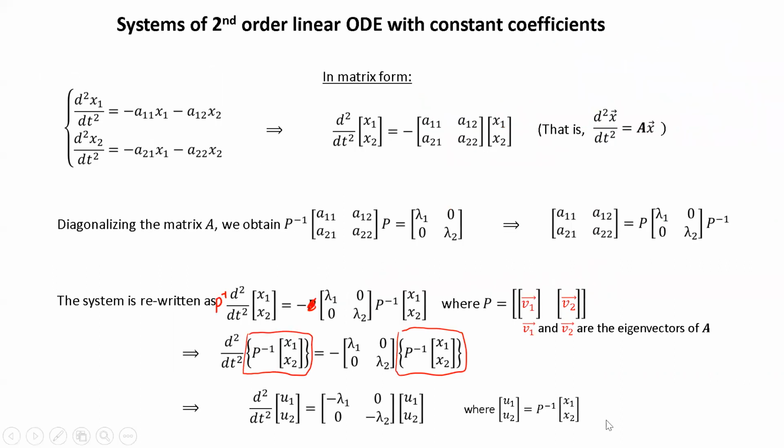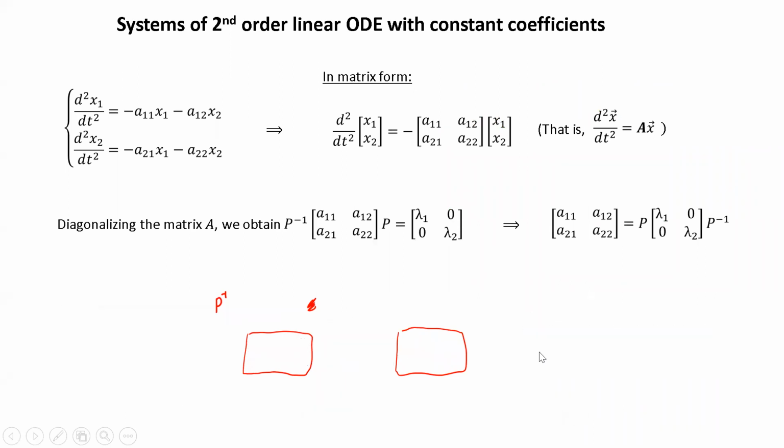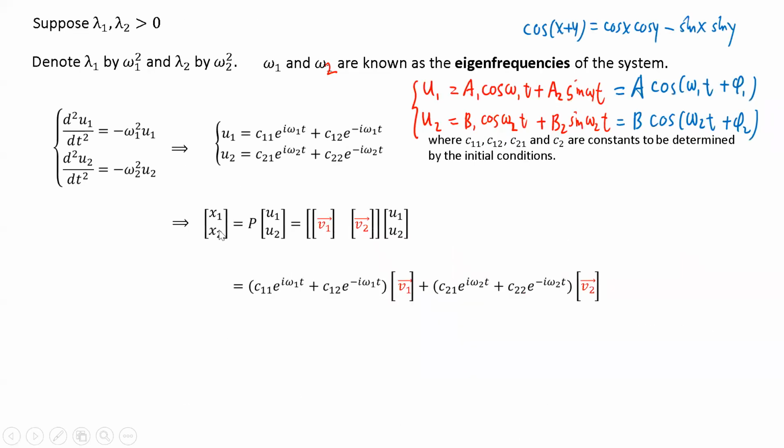Because u1, u2 is equal to P inverse times x1, x2, that means x1, x2 is just equal to P times u1, u2. You just need to multiply the matrix with u1, u2, then you get back x1, x2. And remember this P matrix is constructed from the two eigenvectors of the matrix.